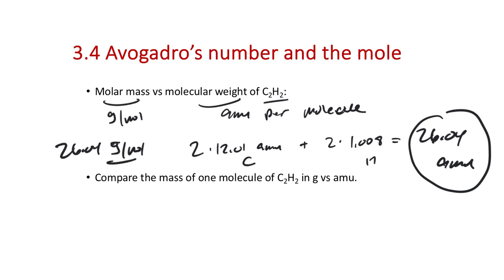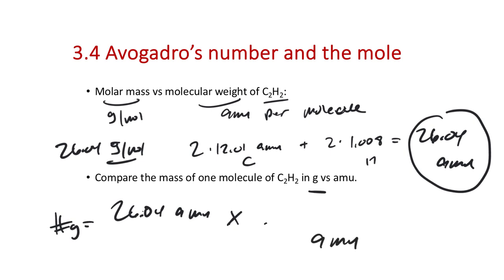And then we can compare, and we can even calculate the mass of one molecule in grams versus AMU. So one molecule in AMU is 26.04 AMU. The mass of one molecule in grams, let me write this more clearly. My conversion factor for AMU into gram, the one I like to use, is that there's an Avogadro's number of AMU in a gram.